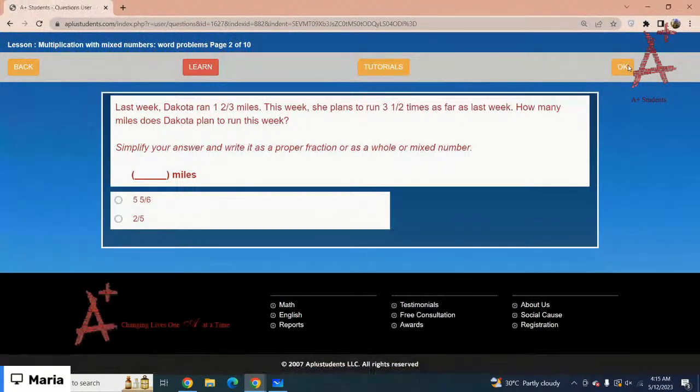Okay, last week Dakota ran 1 whole 2 by 3 miles. This week she plans to run 3 whole 1 by 2 times as far as last week. How many miles does Dakota plan to run this week?